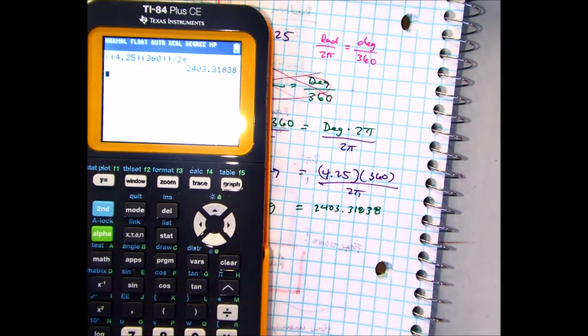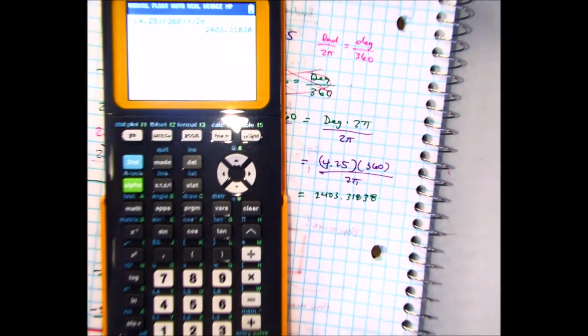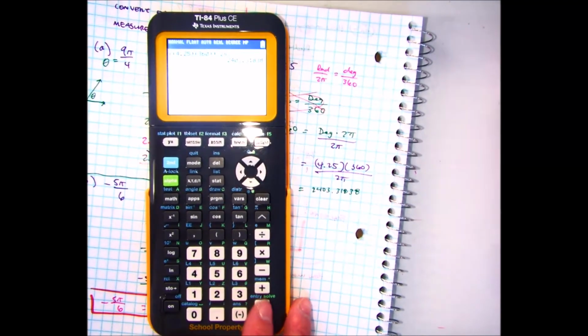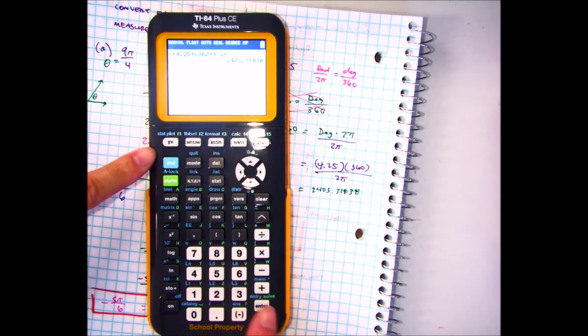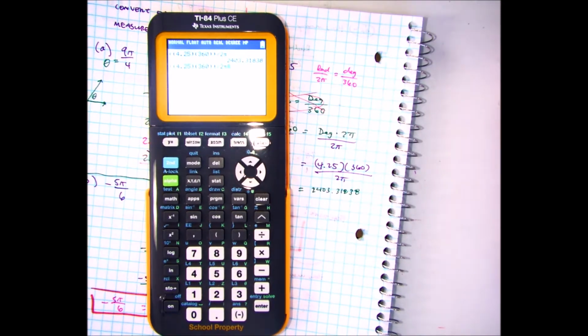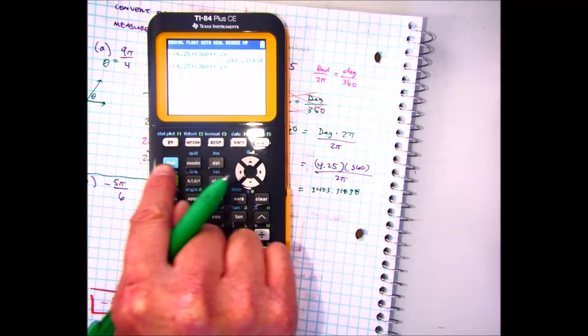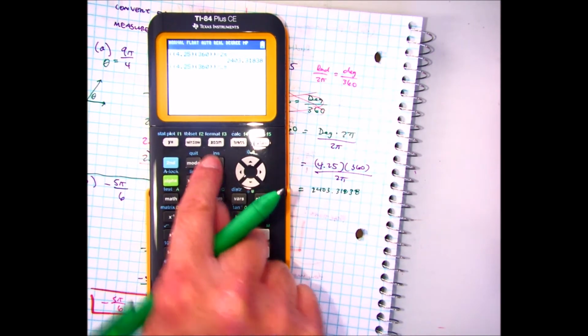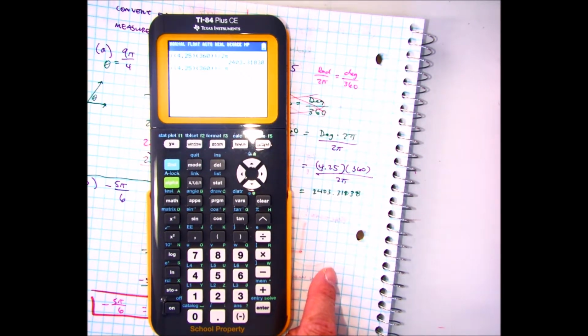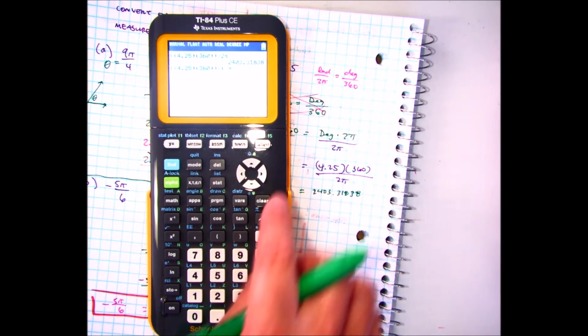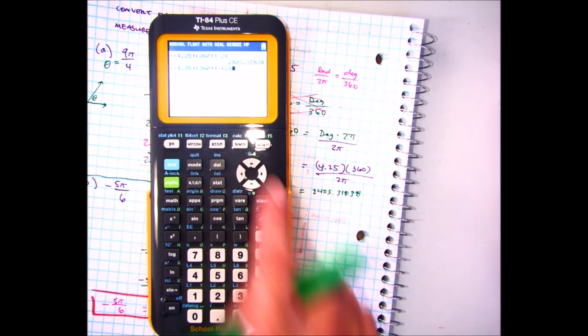So what I'm going to do is, I already typed it in. You see that? I'm going to do second entry. Second enter. And I'm going to go to this 2 here, and I'm going to press second insert. Do you see how the 2 is blinking? So now I can put in the parentheses.